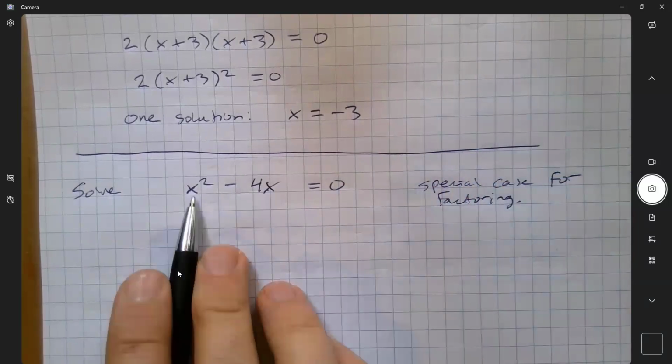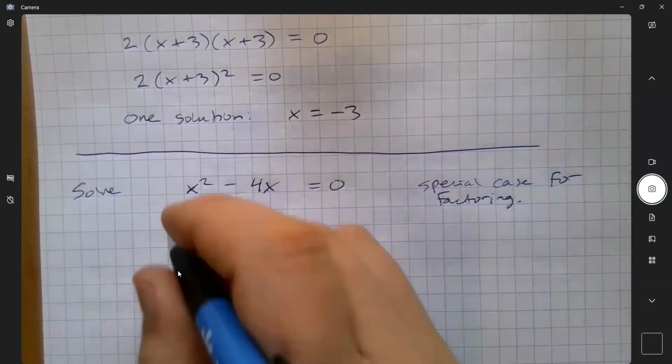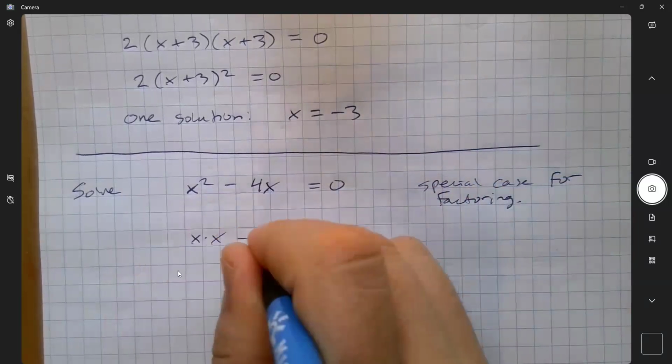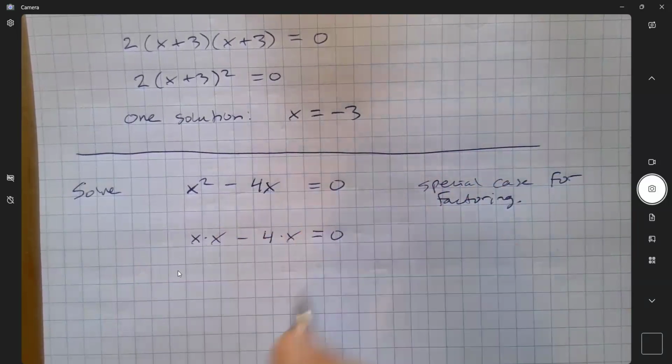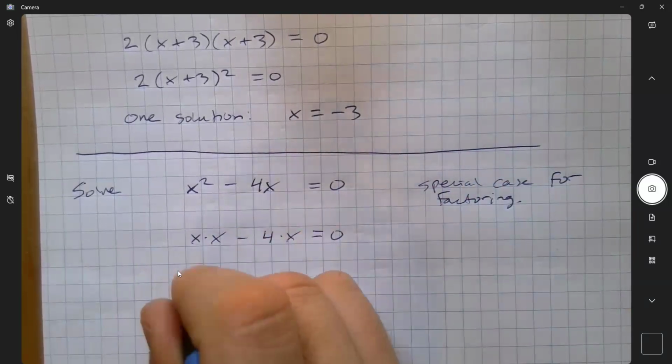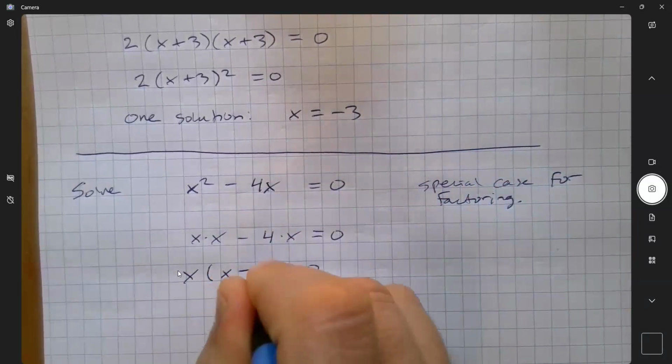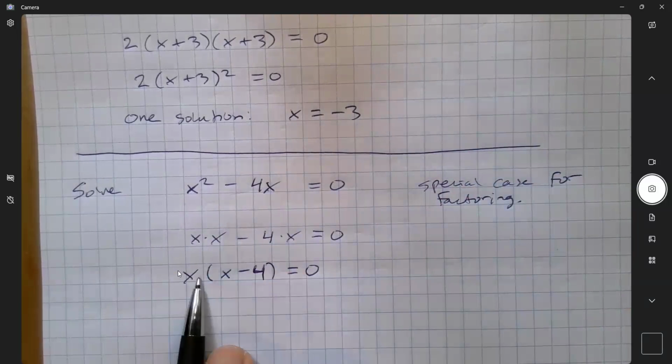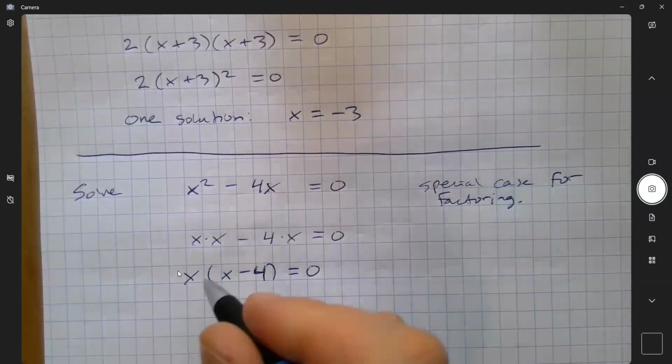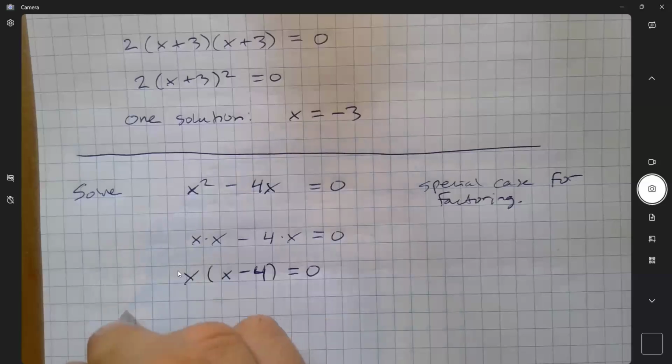And what we do is we notice there's an x in both of these, x times x minus 4 times x, which means we can factor out one of those x's. And we have x times x minus 4. Now, this means there are two solutions.